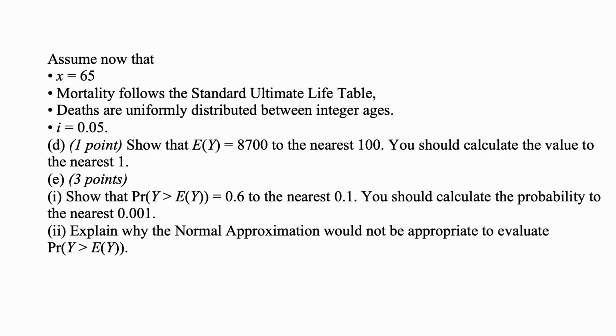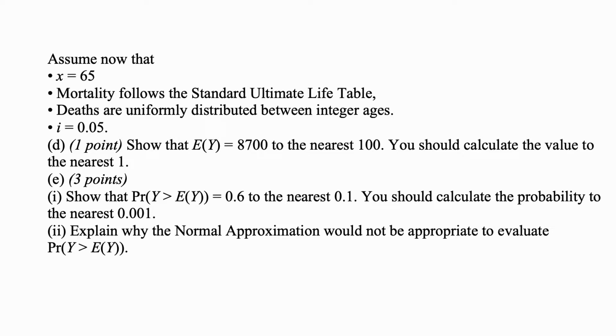Assume now that x is equal to 65. Mortality follows the standard ultimate life table, which I will commonly write as SULT. You can find that table, by the way, at smarturl.it/SULT.